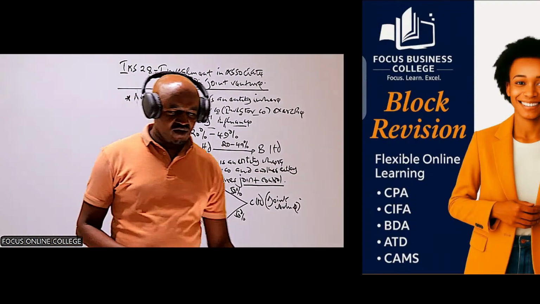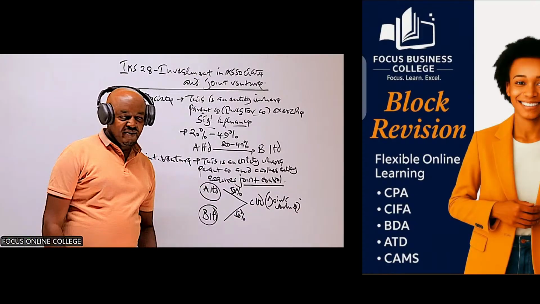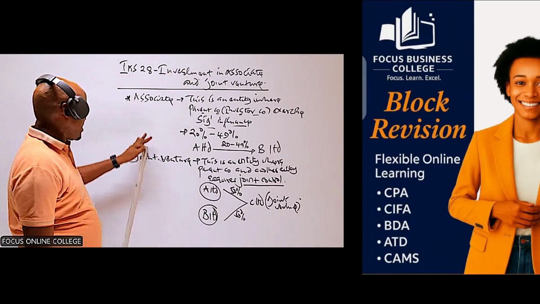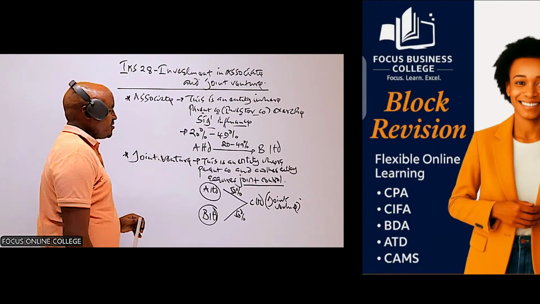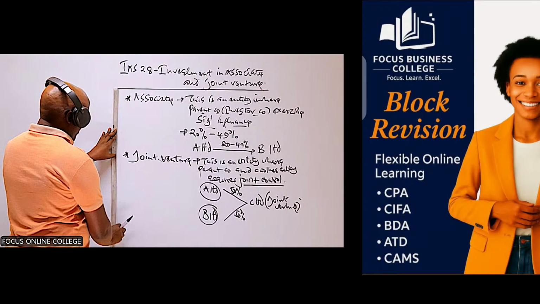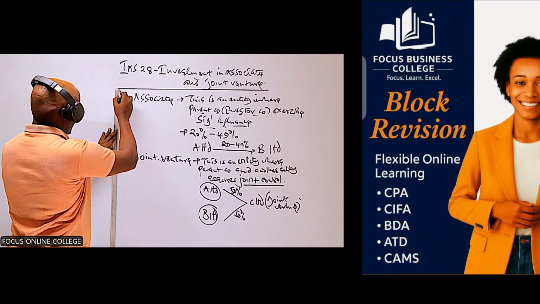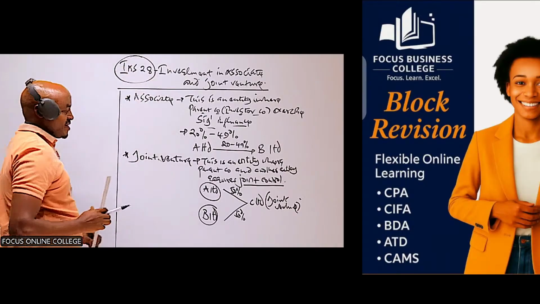Now, having known what is an associate and what is a joint venture, the other thing we need to ask ourselves here is, how does the parent company prepare the group account whereby the parent company has invested in an associate or invested in a joint venture? Now, the preparation of group account in this case is governed by International Accounting Standard number 28.